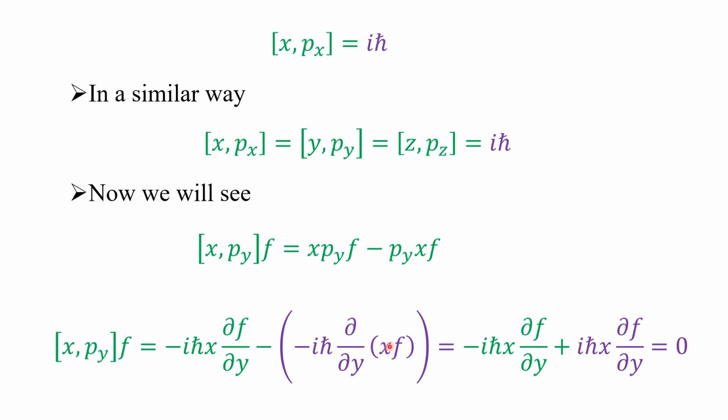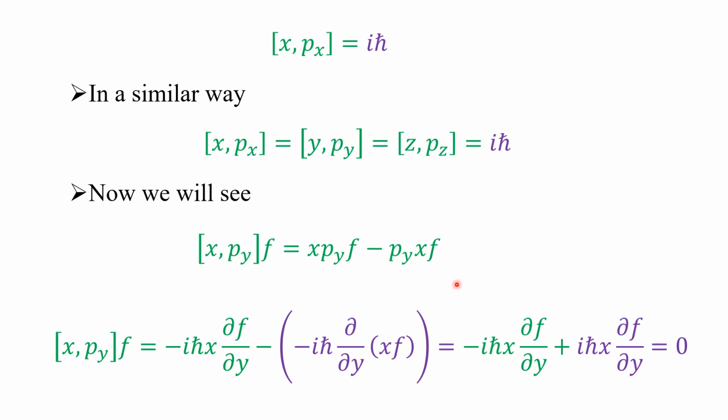So now you keep the first term as it is, and you expand the second term. First you keep x as it is and differentiate f with respect to y. So that will become delta f over delta y. Next, you keep f as it is and differentiate x with respect to y.